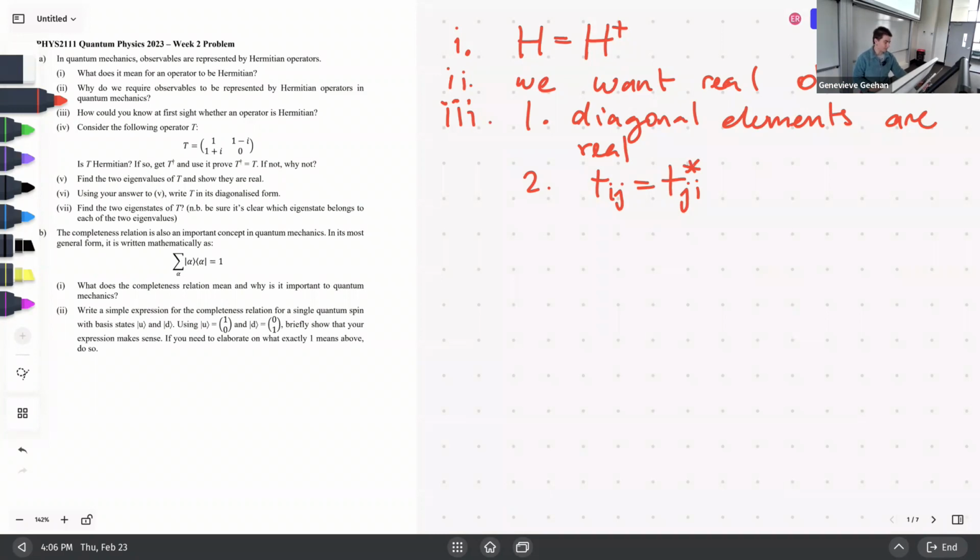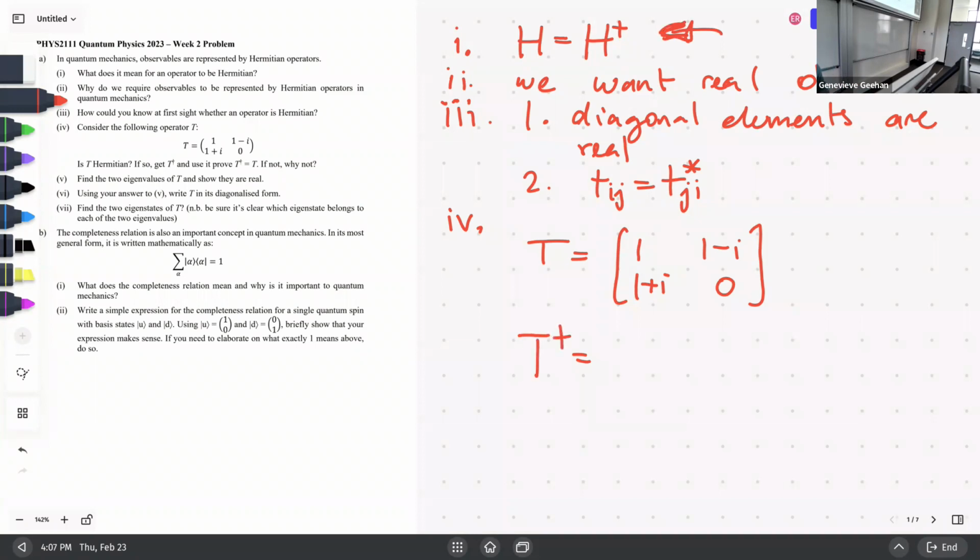Most people got the next one right, so I'll go through that one quickly. We're just proving that this operator is Hermitian. If it's Hermitian, we have to prove this basically. So let's find the conjugate of T. That's going to be the complex conjugate of T and then transposed.